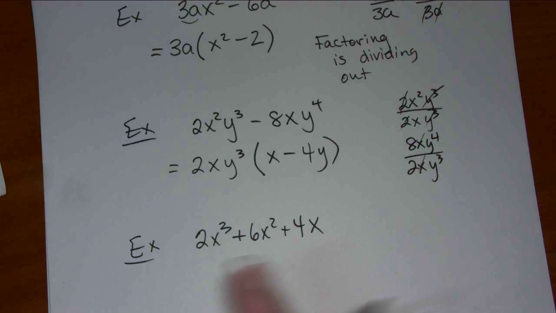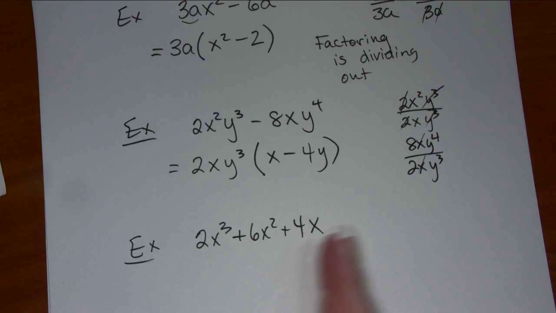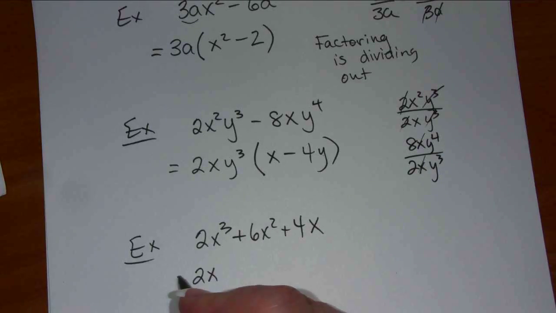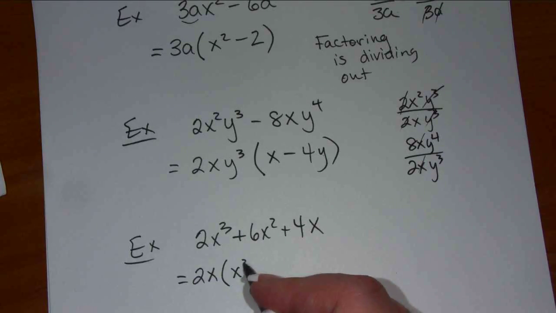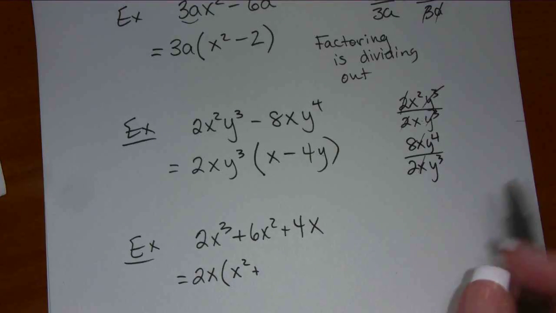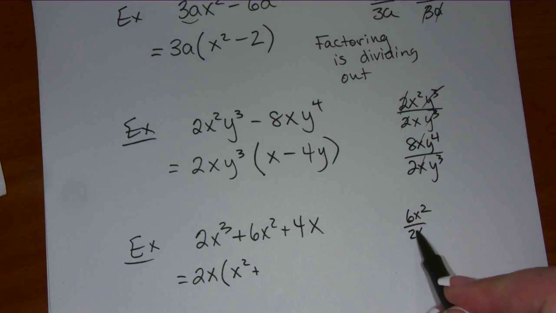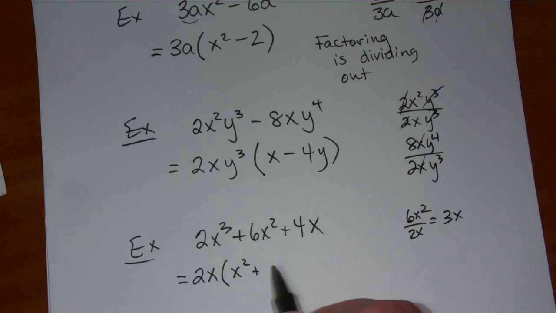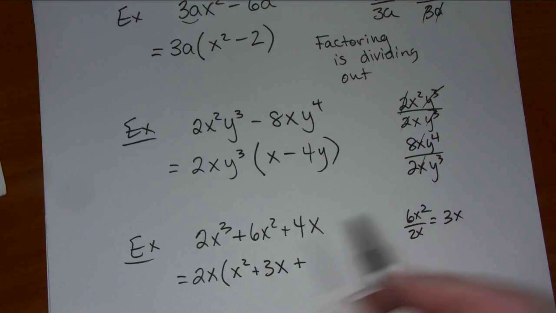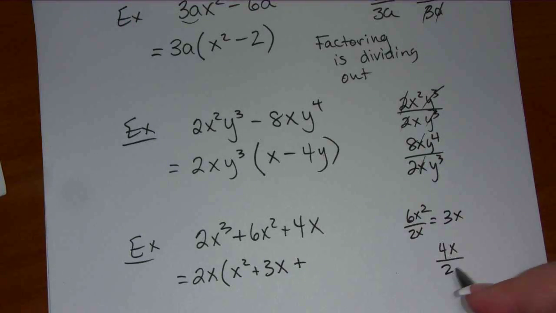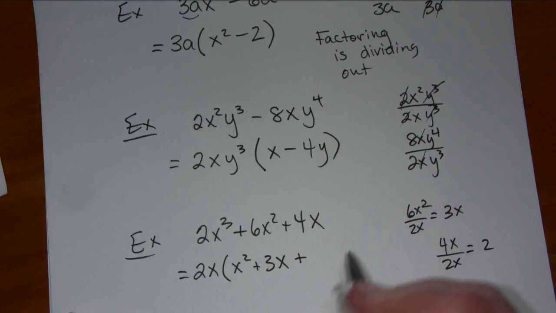A 2 and an x, yeah. So we'd be left with x squared plus 6x squared divided by 2x is 3x. And 4x divided by 2x is just 2.